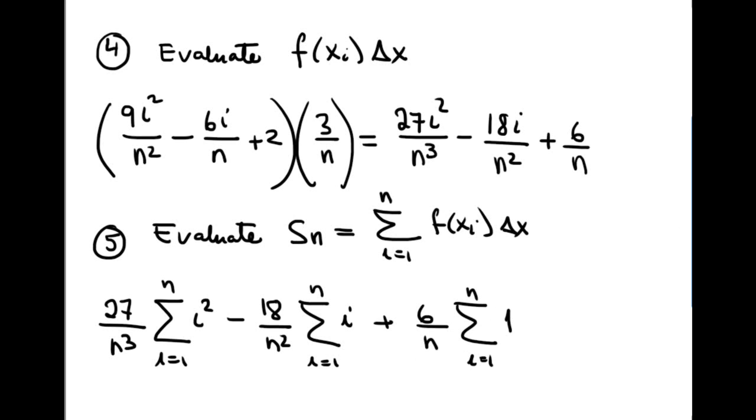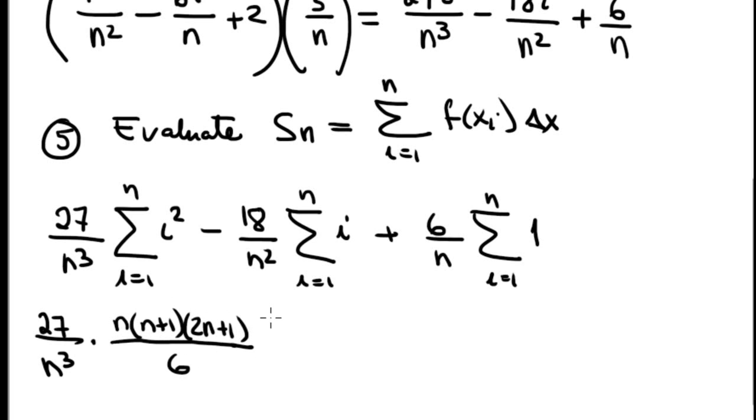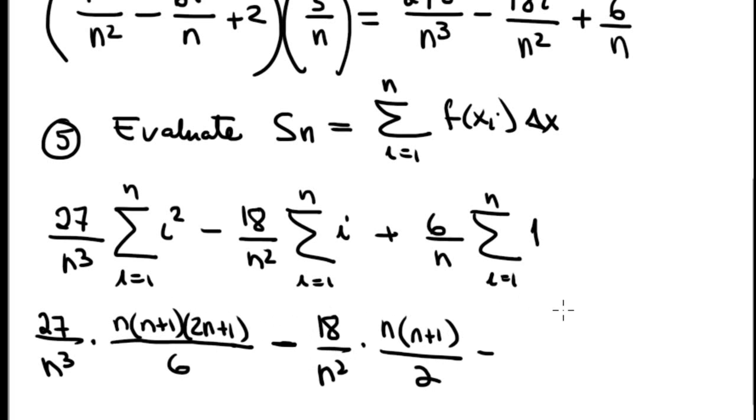Okay, and using the formula of the summation, we have 27 over n cubed times n plus 1 times 2n plus 1 divided by 6, minus 18 over n squared times n plus 1 over 2, minus 6 over n times n.